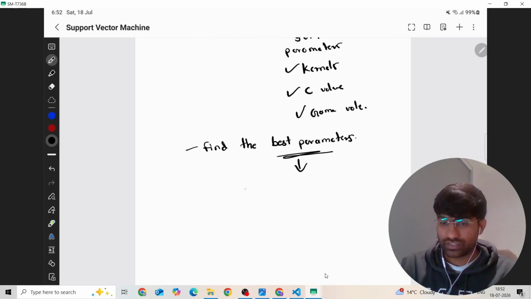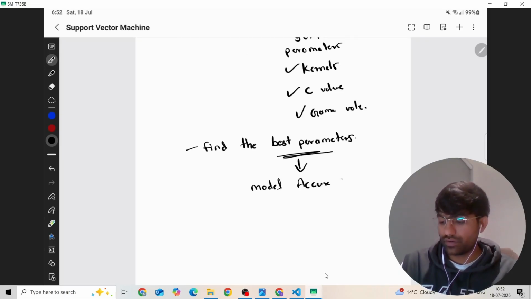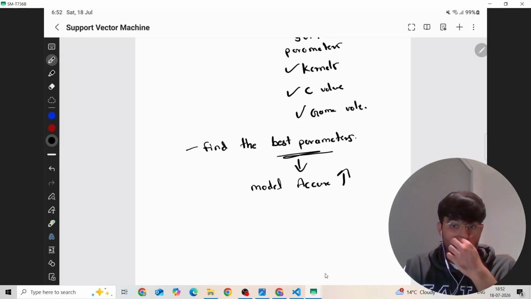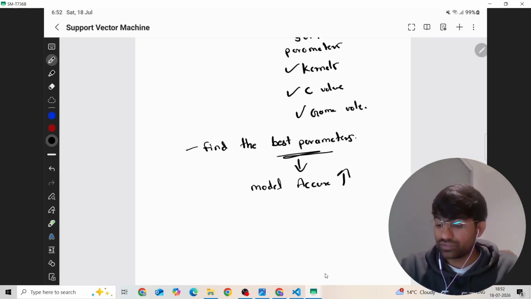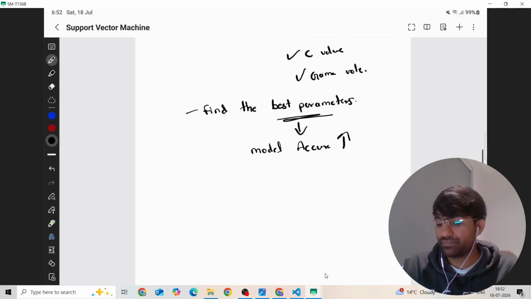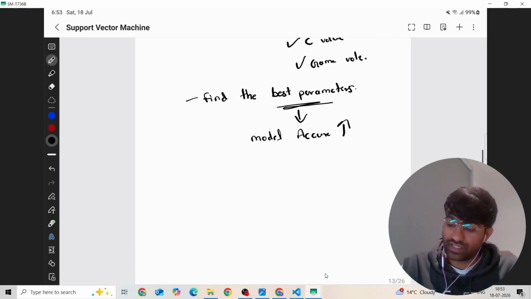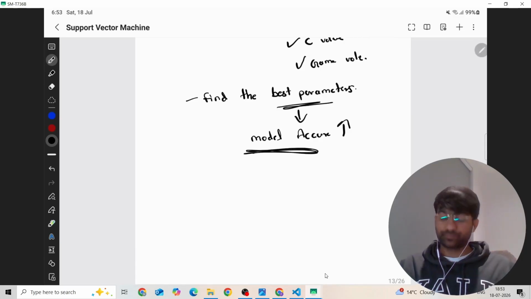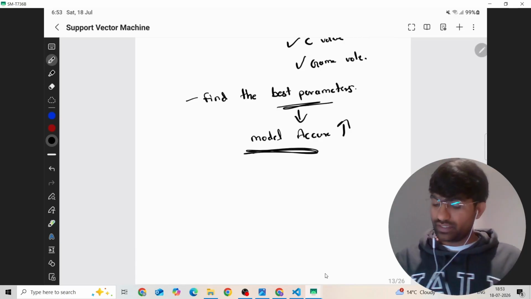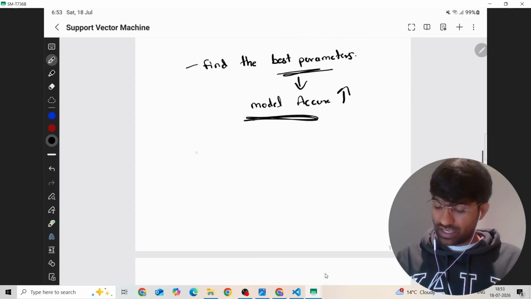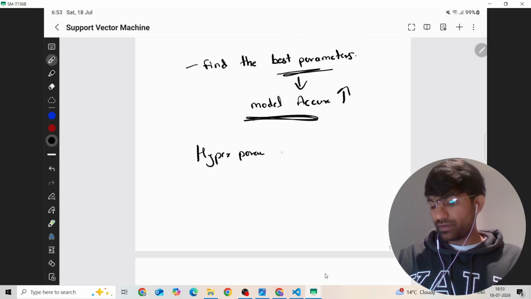Parameters with which the model accuracy is high, those parameters will be the best parameters. You have to use that model. This is how you have to tune your model. This is hyperparameter tuning.